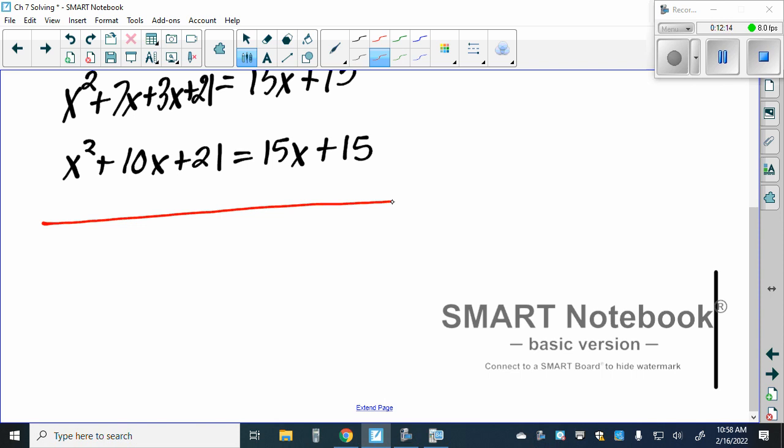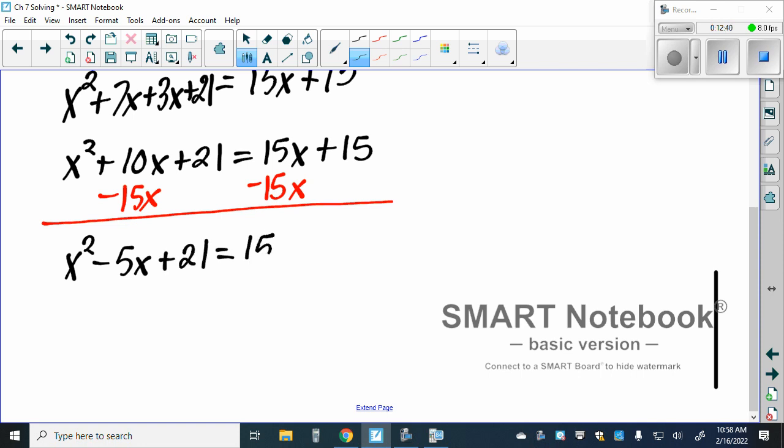Now we need to get everything on the same side of the equation because since we have a quadratic and x squared term, we do need this equal to 0. So at this point here, we can subtract 15x from both sides, which will tell us that we have x squared, 10x minus 15x is negative 5x plus 21 is equal to 15.